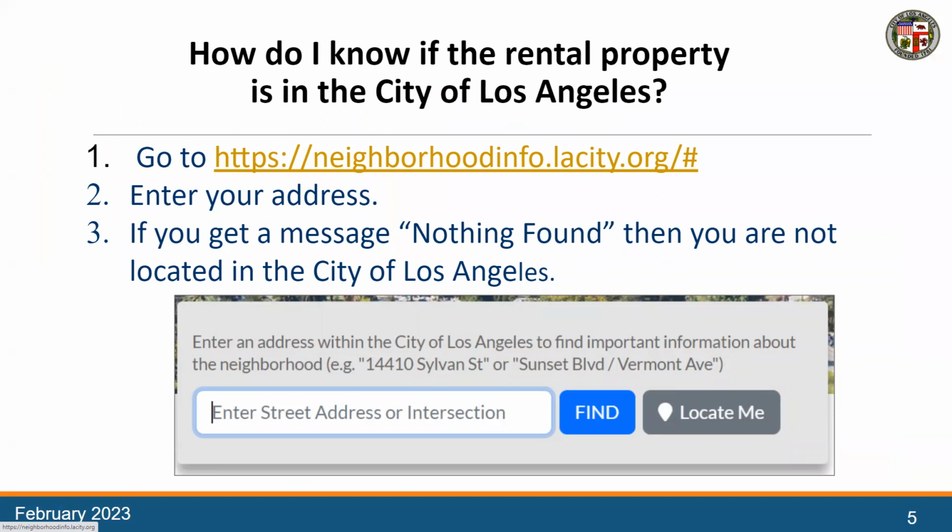If it is, a slew of information will appear as to your council district, local school district, etc. But if no information appears and you receive a message saying, quote, nothing found, then it is likely not located in the City of Los Angeles, and you may at this point want to reach out to the county, because it could be located in an unincorporated area.